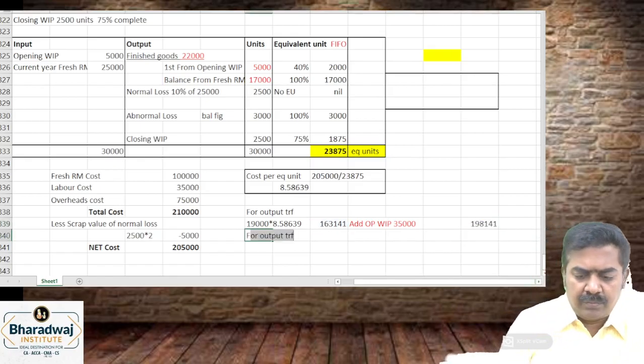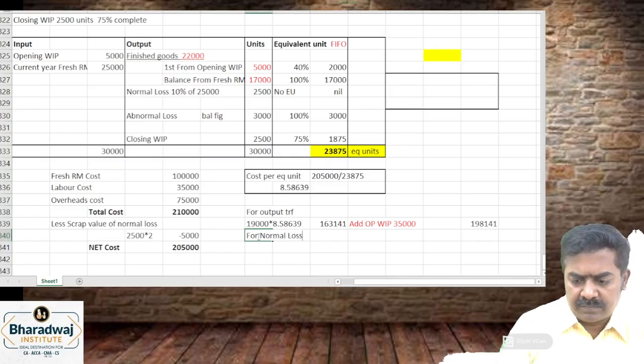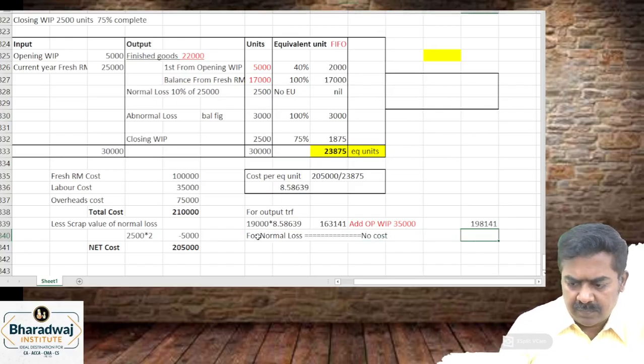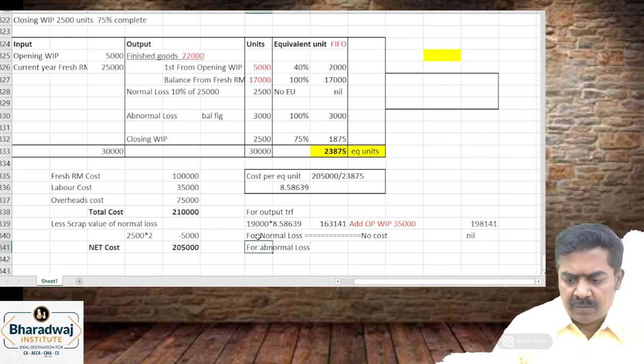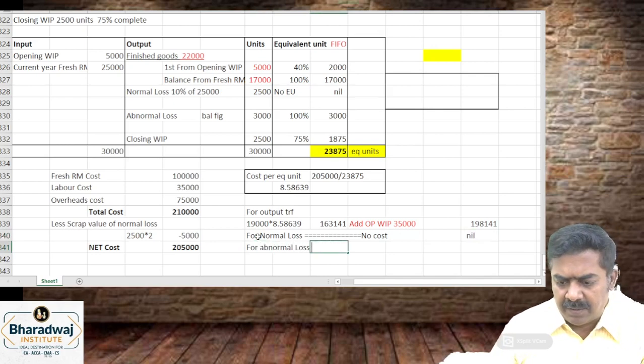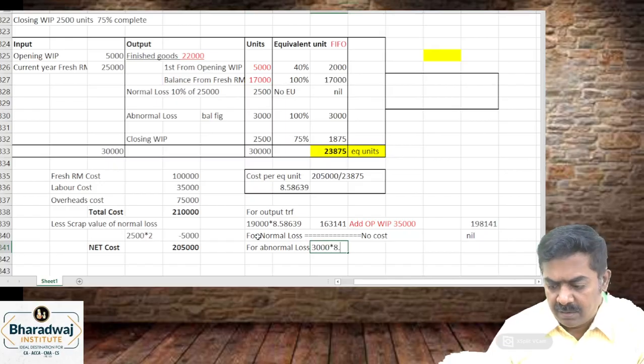Then for normal loss, no cost allocation. For abnormal loss, simple, 3,000 into 8.58639.